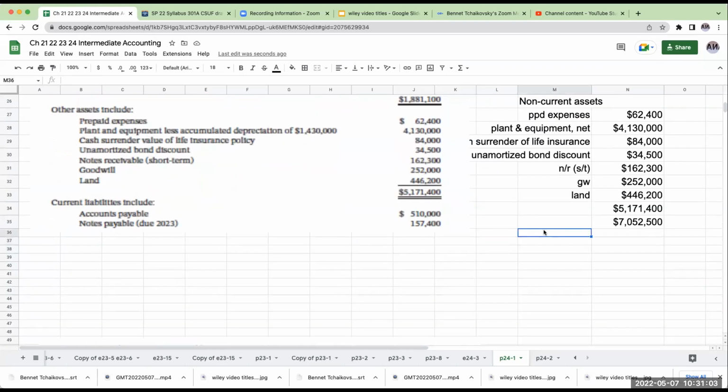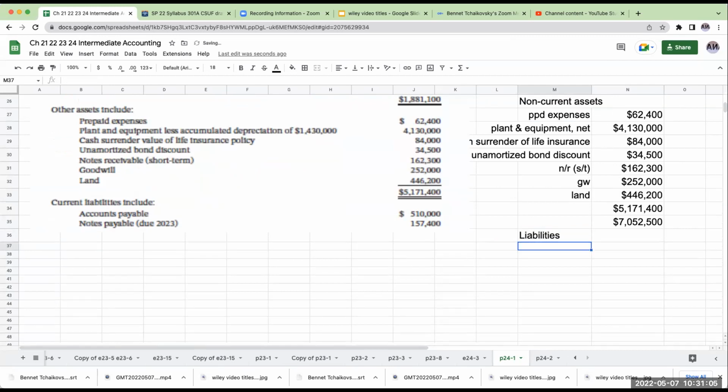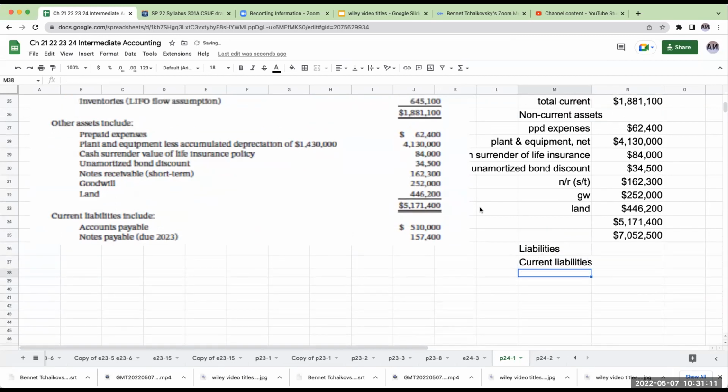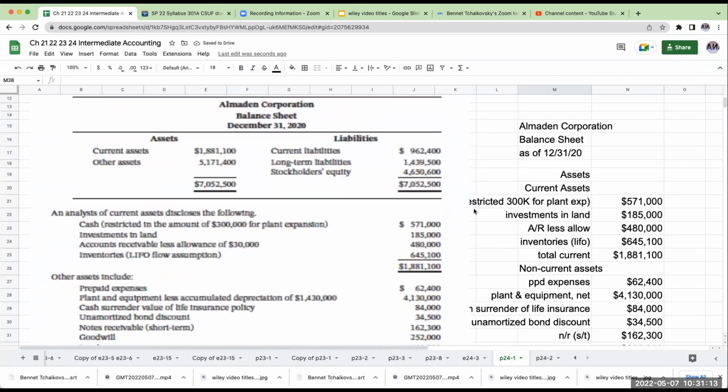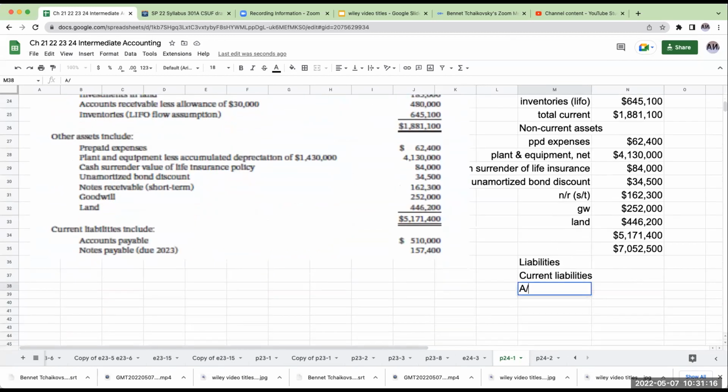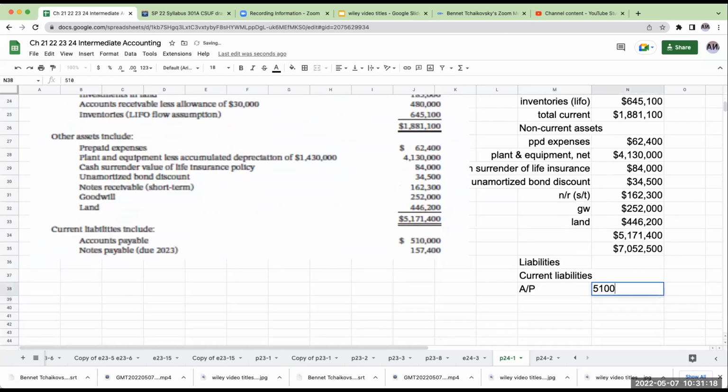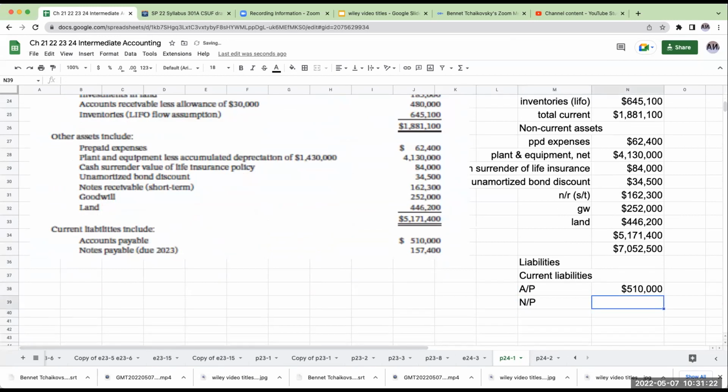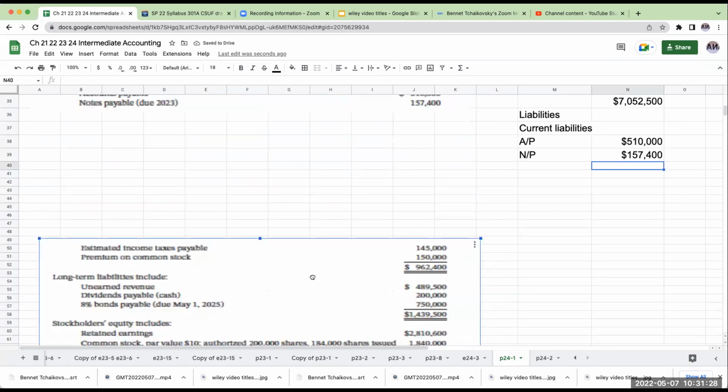So that's our assets, now our liabilities. We have current liabilities. For our current liabilities, we've got accounts payable. Then we have notes payable, which we know is incorrect because for notes payable to be a long-term liability, it has to be due beyond a year.